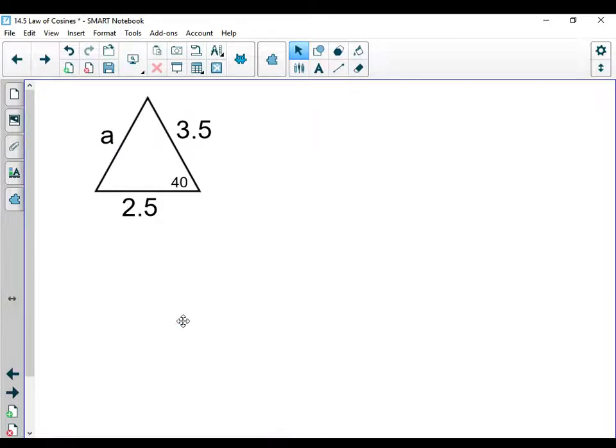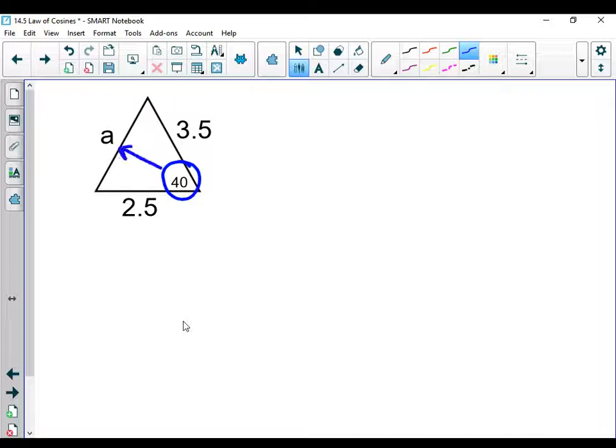All right, so let's look at this problem first. Naturally, from learning yesterday's lesson, I see an angle and its opposite side, but I don't see another angle and an opposite side that allows me to do law of sines here. What I do see is an angle in between two sides. So if I'm looking for A, I have A squared.